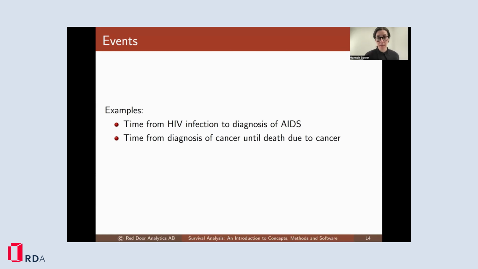That's our start of our timescale. Follow them across time until their death due to cancer, our event of interest. And if we go back to our motor failure example, we could be interested in a timescale where we follow from car purchase. So that would be our start time, and we follow them across this timescale until the event of interest, motor failure.